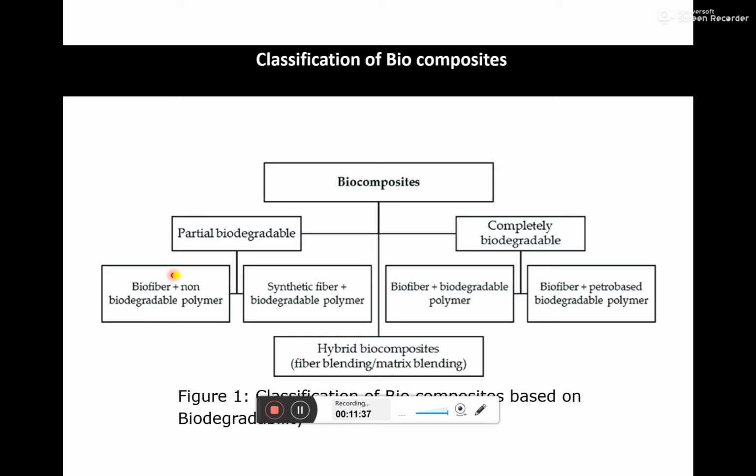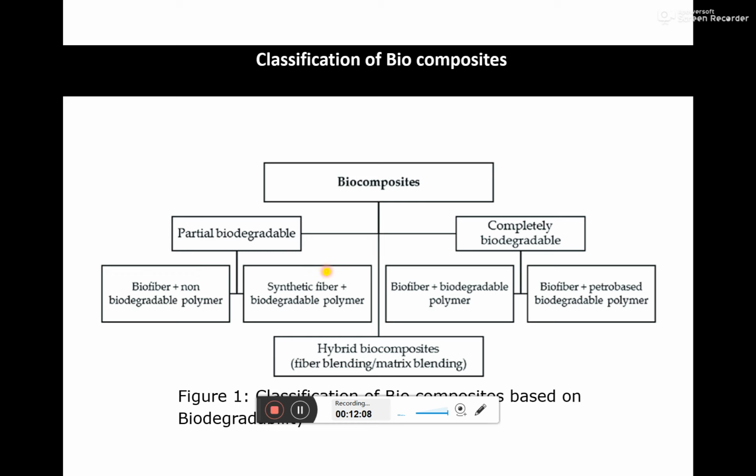Here in this particular classification, we are using normal synthetic, non-biodegradable materials as the matrix material, and biomaterials, that is biofibers like plant-based fibers or animal-based fibers, as the fiber reinforcement. Such a type comes under this first classification, biofiber plus non-biodegradable polymer.